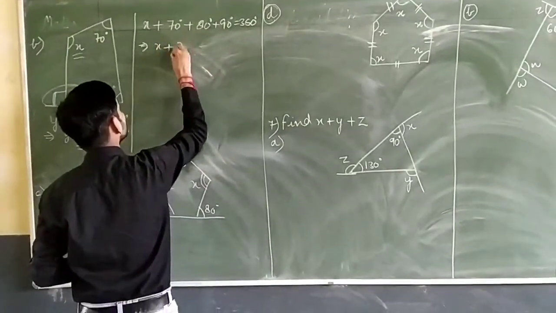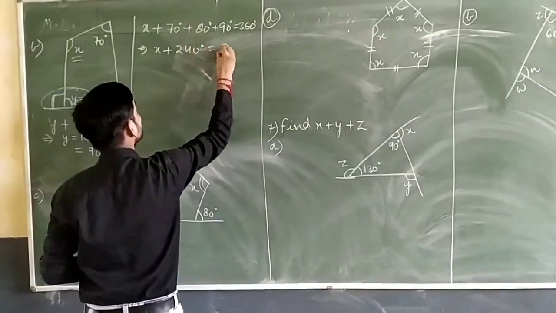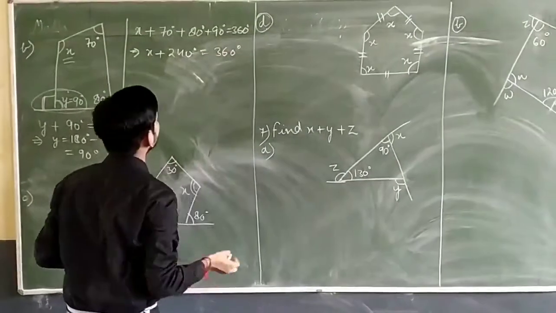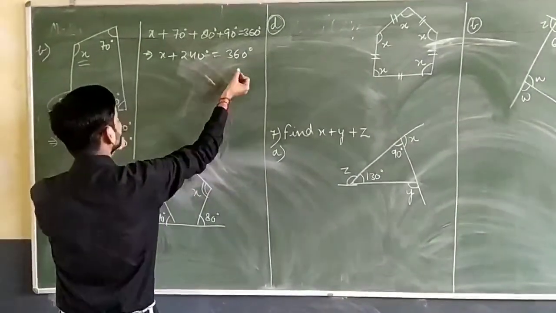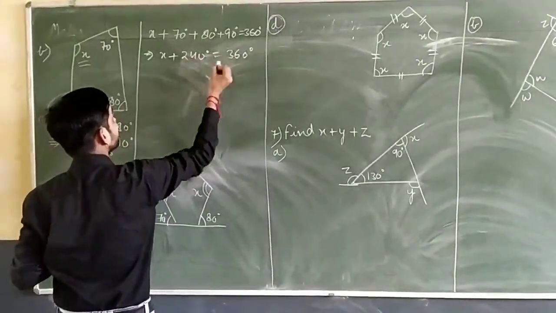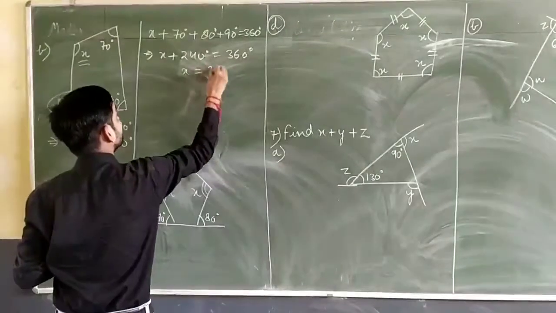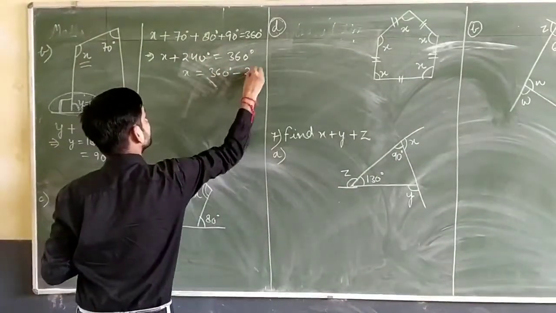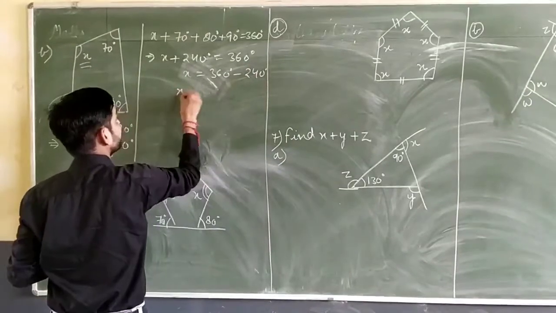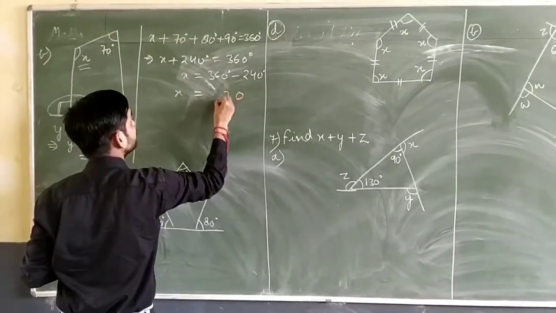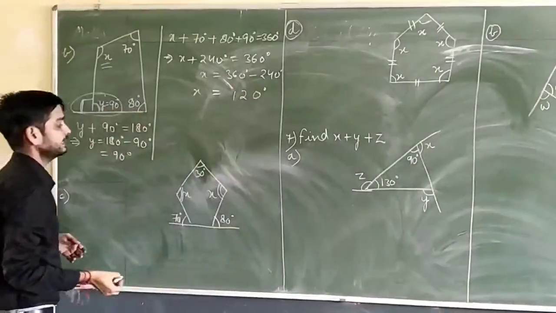That is x plus 240 degrees is equal to 360 degrees. Now students, we will move this 240 to the RHS. What will be the value of x here? 360 minus 240 is 120 degrees.